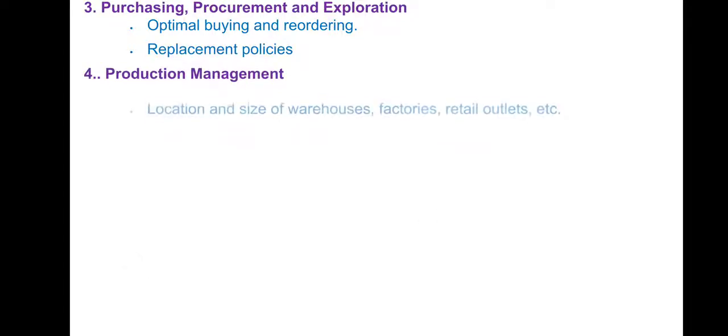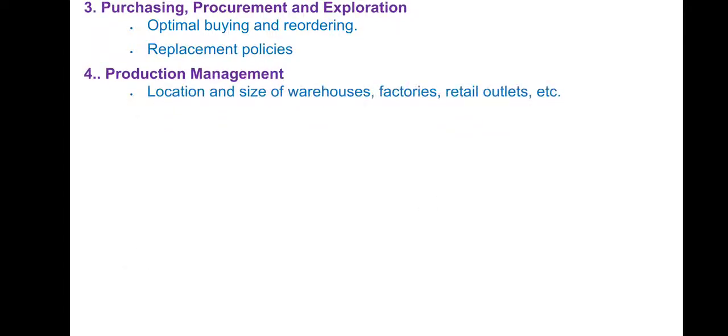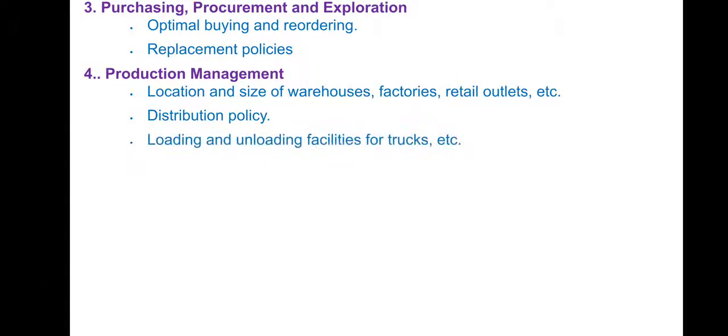Production management: location and size of warehouses, factories, retail outlets based on the place, either rural, urban or semi-urban. Based on the places, how you can make productions. Distribution policies: how you can distribute from one place to different places in a particular area or zone. In that situation, this will help you.